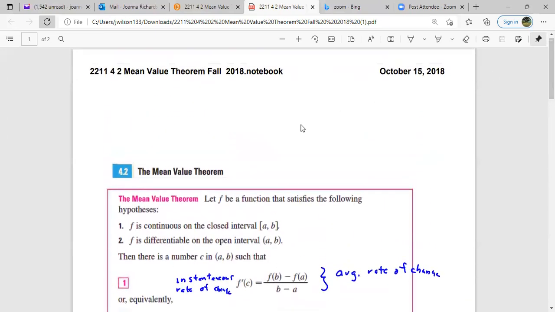The next section is 4.3. And I recorded the second part of 4.3. That was the first lecture I recorded when the pandemic first started here in the United States and when the school was closed and we went online.